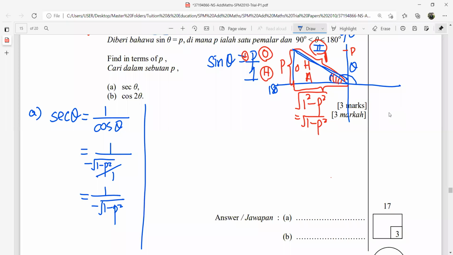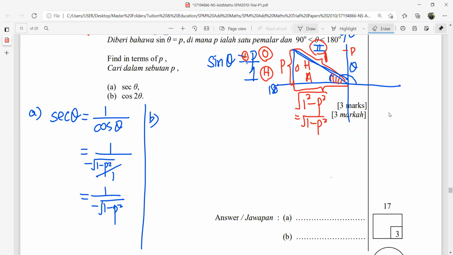This quadrant, 90 to 180, they are trying to tell you. So I say P over 1. P is opposite, 1 is hypotenuse. That is why I label properly. P is the opposite, hypotenuse is 1. Then adjacent is square root of 1 squared minus P squared. So I just need to find sine theta myself.